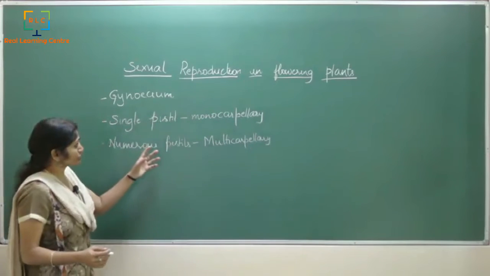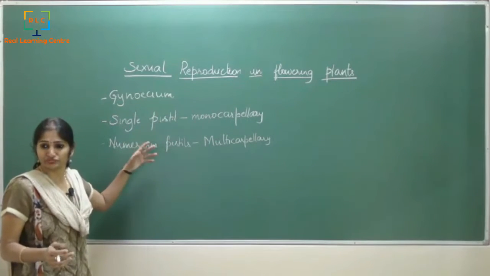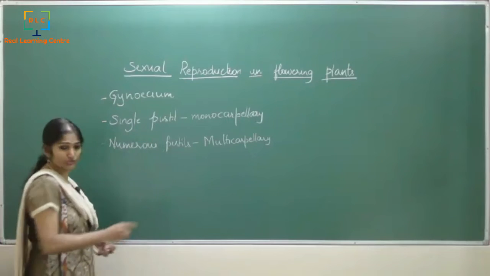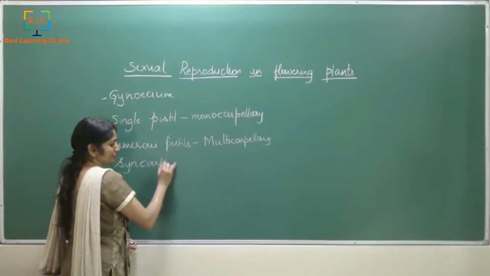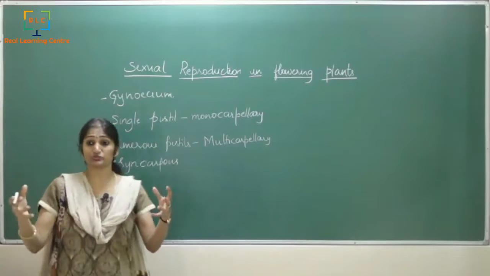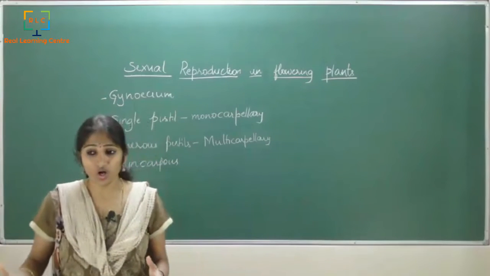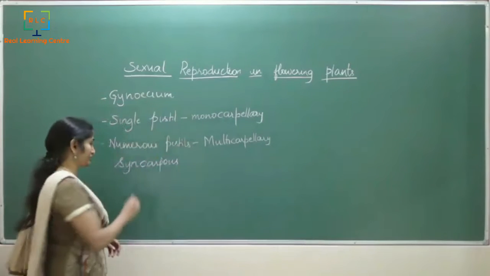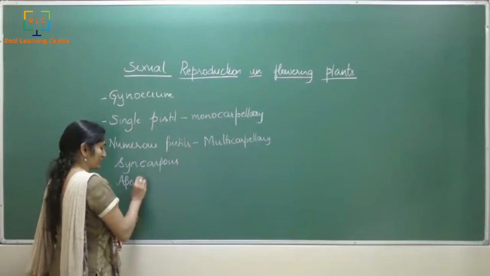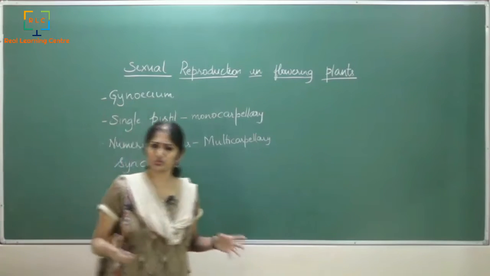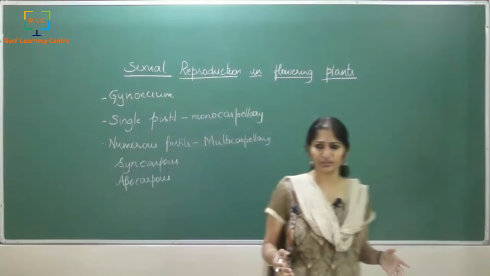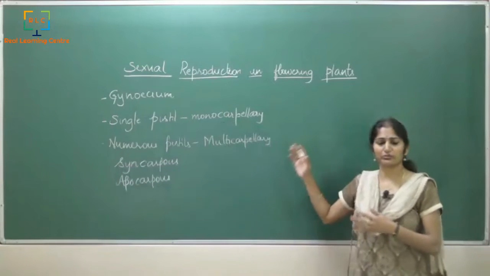I'm sure you still remember what you had learnt last year. We said that if there is more than one pistil, they can be fused at the base. We call that syncarpous, which means they are fused, or they can be free, and that we call apocarpous, right? So the pistils can be fused, separate, there can be one pistil, there can be many pistils.